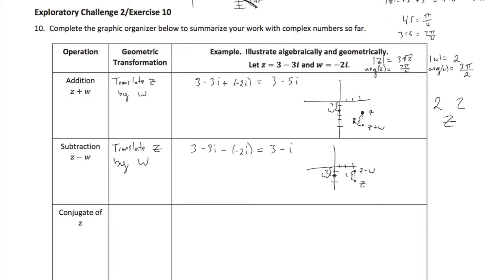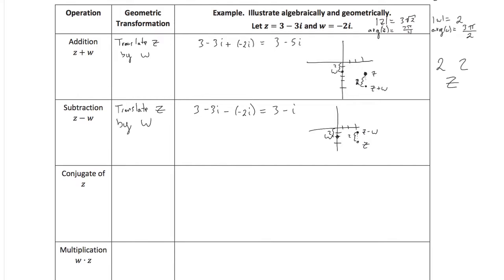So the conjugate of z. Remember, if z equals a plus bi, the conjugate will be a minus bi. So now that we have z equals 3 minus 3i, z bar, the conjugate, will be 3 plus 3i.